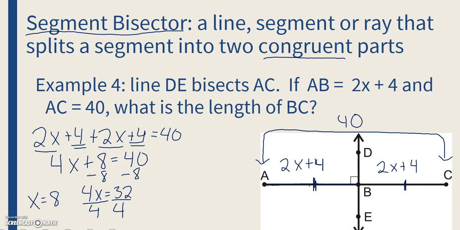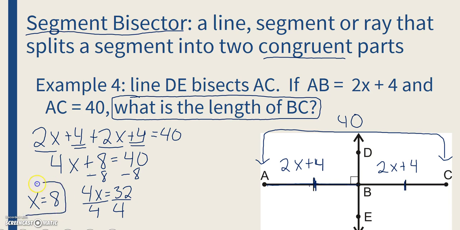All right. Now remember, check what they're asking us to find. They're asking us to find the length of BC. So this is not the length of BC. We need to substitute this in to find BC. Since AB and BC are congruent, just like before, we can use what they gave us for AB.